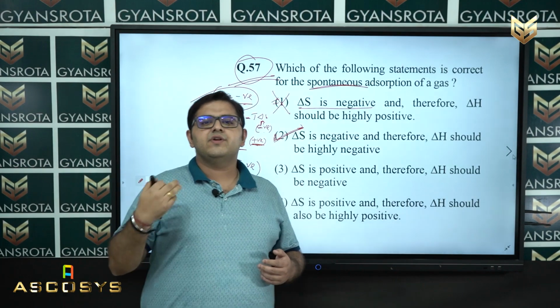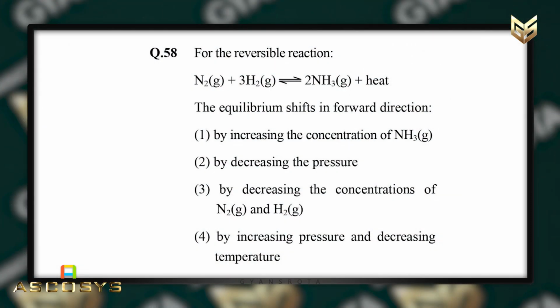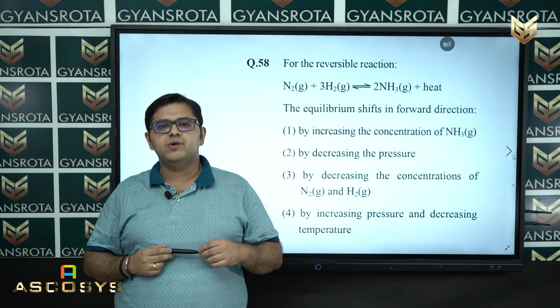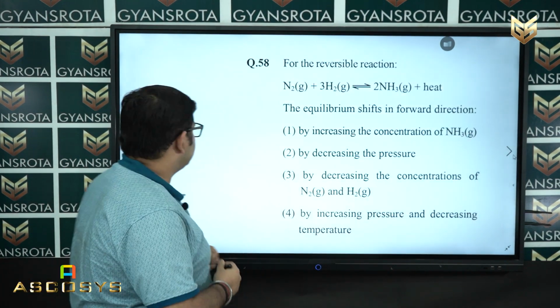Now we are moving to the next question, that is question number 58. Question number 58 is on your screen. For the reversible reaction, given the reaction, the equilibrium shifts in the forward direction. This question comes from the equilibrium chapter of your class 11 NCERT. Now we are moving to the solution part.